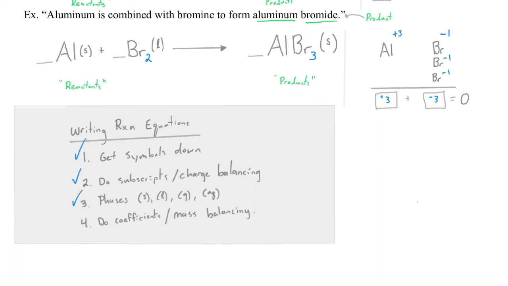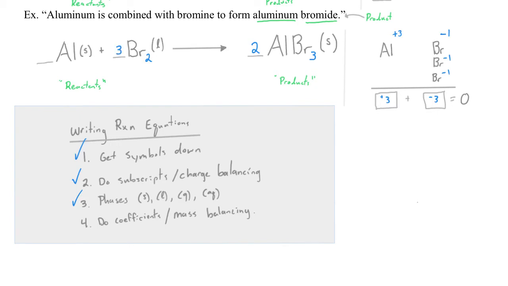So let's start there. What can we do to make that an even number where currently it's odd? That's right, we can put a 2 coefficient right in front of the entire compound aluminum bromide. That gives us 6 bromides on the right-hand side. And we can balance that with bromine on the left by putting a 3 coefficient right in front.